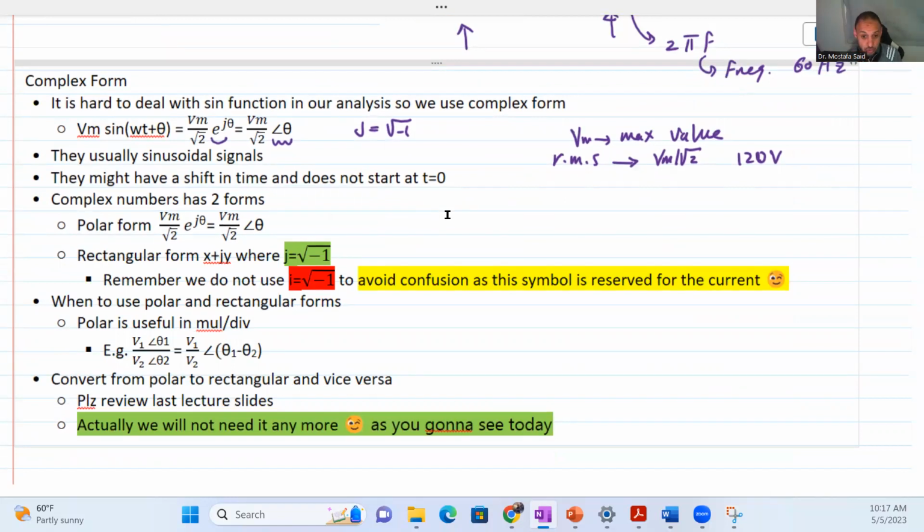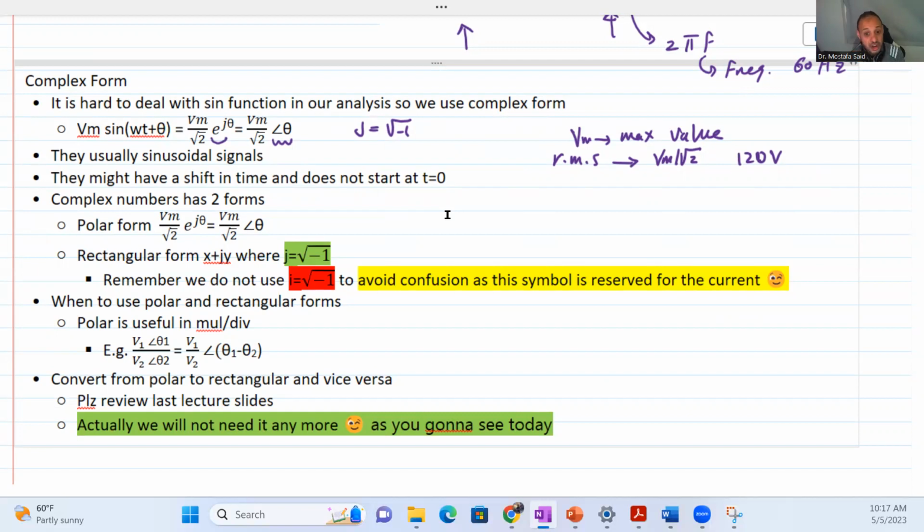Complex numbers have two forms, as we also saw last lecture: a polar form or a rectangular form. The rectangular form, for example, can be written as x plus jy, where x is the real part and y is the imaginary part.